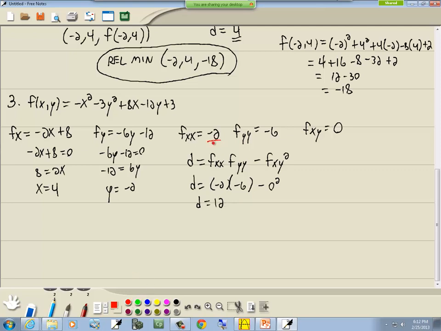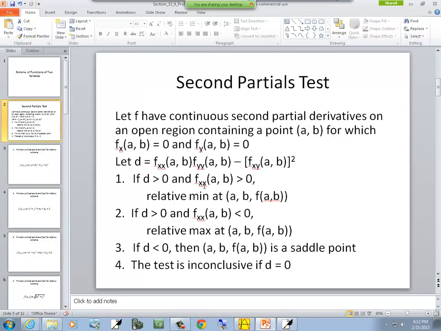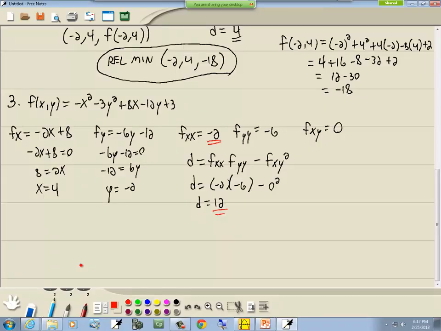Now here, this is negative and this is positive. So if I come over here, okay, d is positive, and then this is negative, that's relative max. So we're going to have relative max at 4, negative 2, and then we'll plug 4, negative 2 in to get our z.